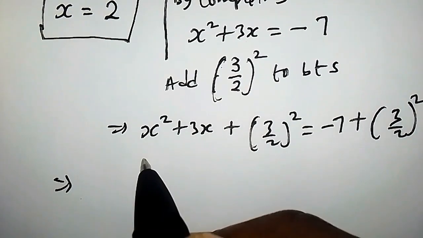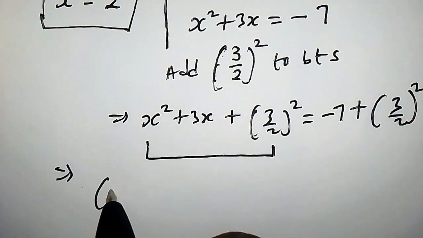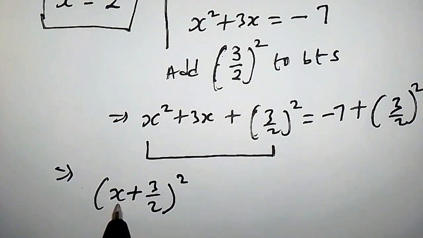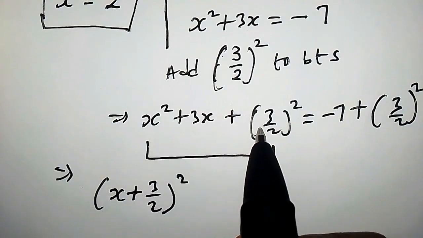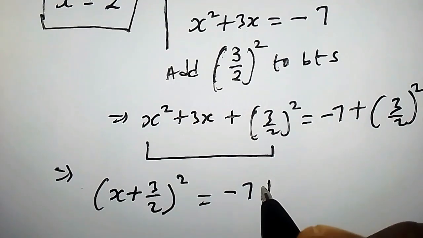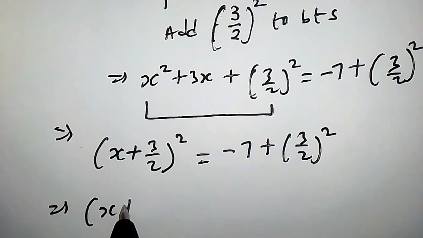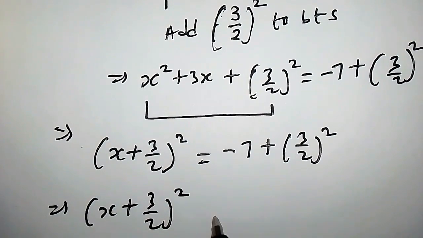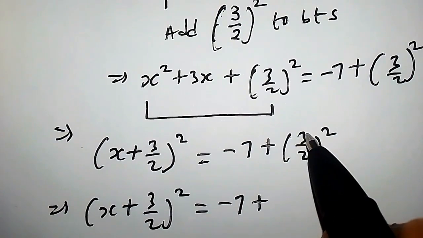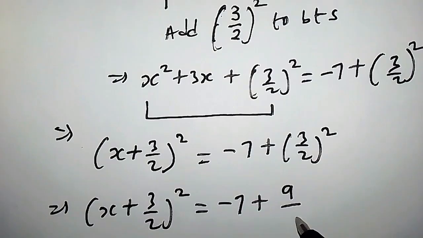This whole left hand side we can rewrite as x plus 3 over 2 all squared. If you expand this carefully, you will have all of this left hand side back. Equal to minus 7 plus 3 over 2 all squared, that is minus 7 plus 3 squared, that is 9, divided by 2 squared, that is 4.